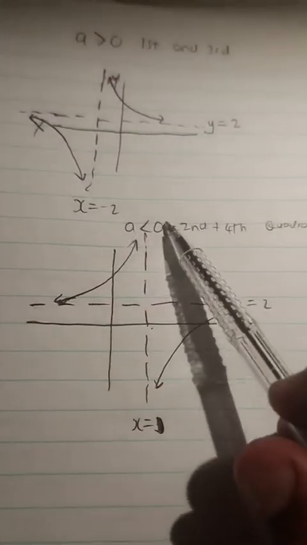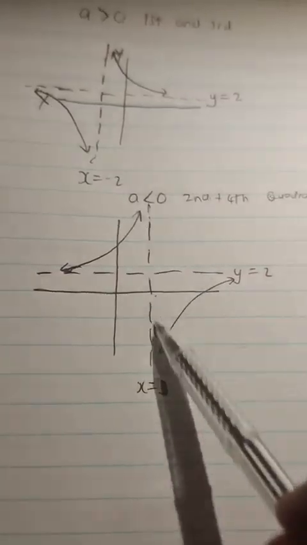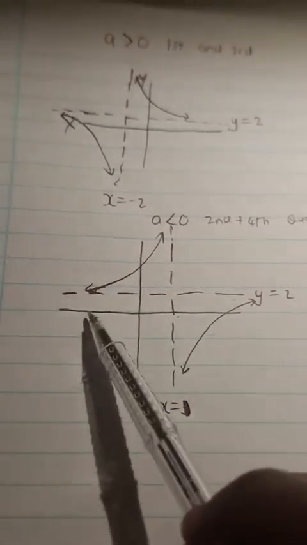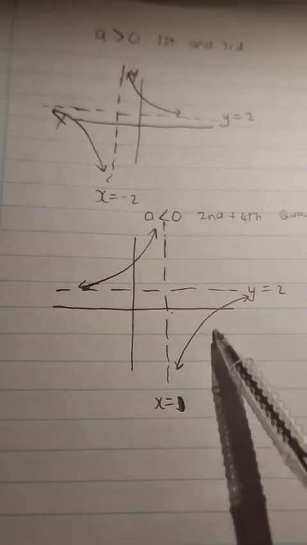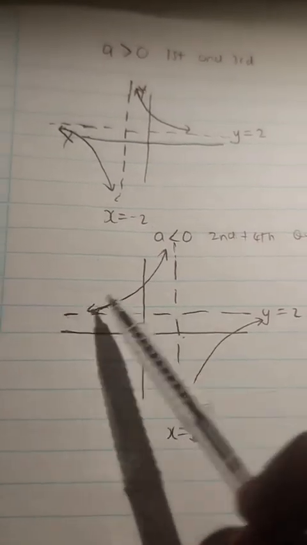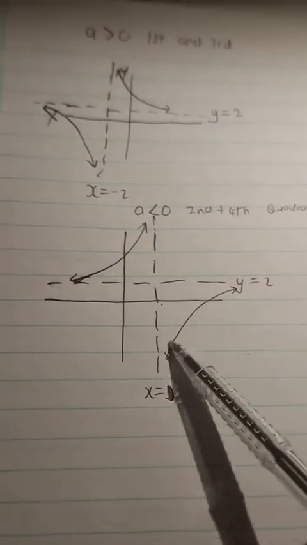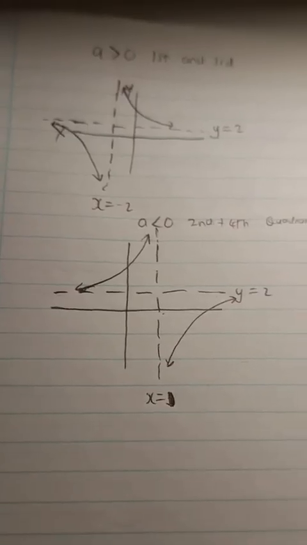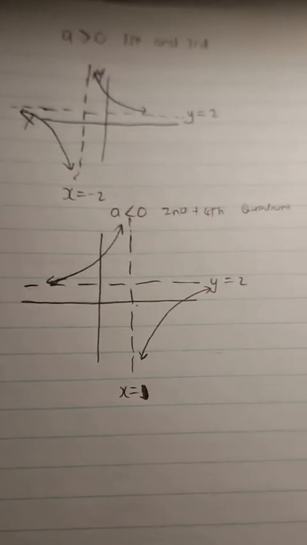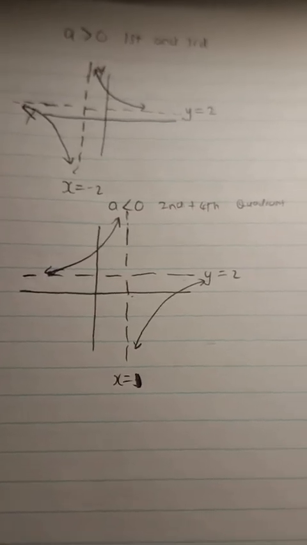But here, a is less than 0. These are my asymptotes, my boundary lines, first, second, third, and fourth. So that means that my function will be found in the second quadrant and in the fourth quadrant. I hope that is clear for us, guys, when it comes to the hyperbola.